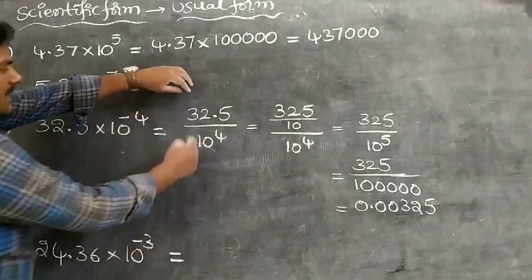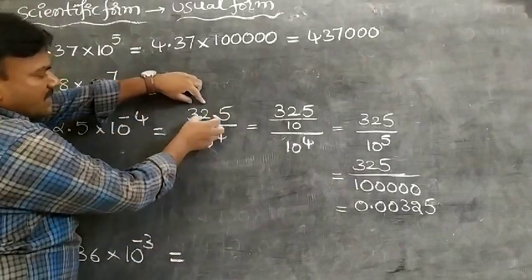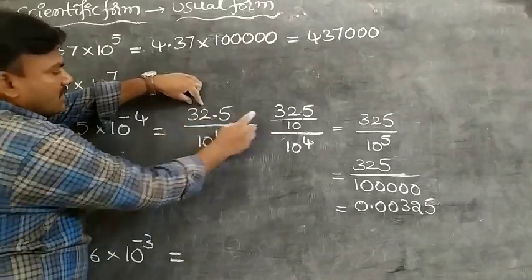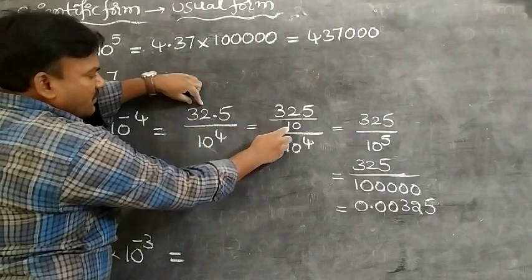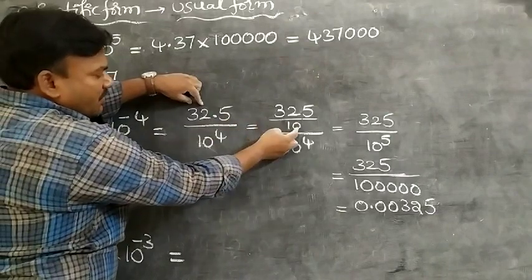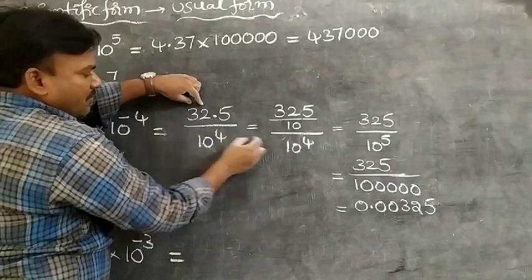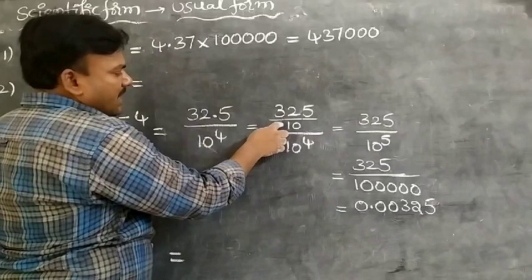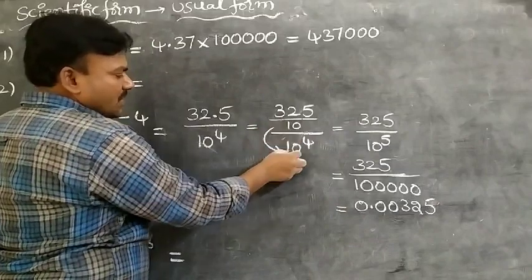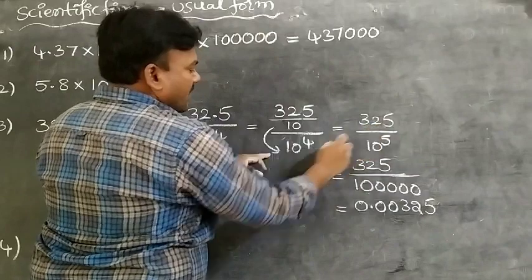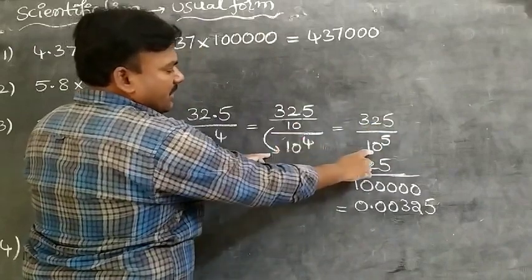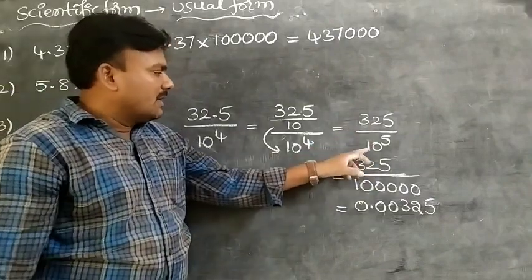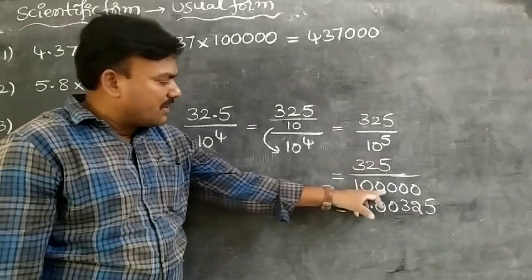Next, this 32.5 is also a decimal number, so it can be expressed in fractional form, that is 325 by 10, since the point has 1 digit after it, over 10 power 4. Then this 10 comes into the denominator. So 325 by 10 power 4 into 10 power 1, nothing but 10 power 5. So 325 by 10 power 5, like this, 1 followed by 5 zeros.